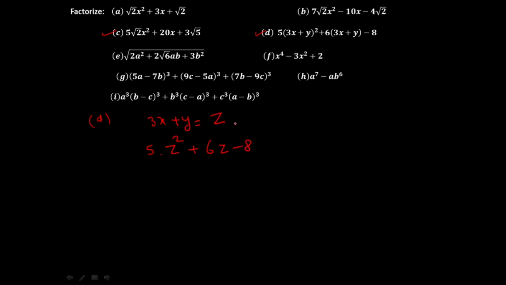This is in z. That's it. So it's still a quadratic polynomial. What should be the sum here? Sum should be 6. What should be the product? That should be minus 40. Now tell me two such numbers whose sum should be 6 and product should be minus 40. The two numbers are plus 10 and minus 4. Correct.